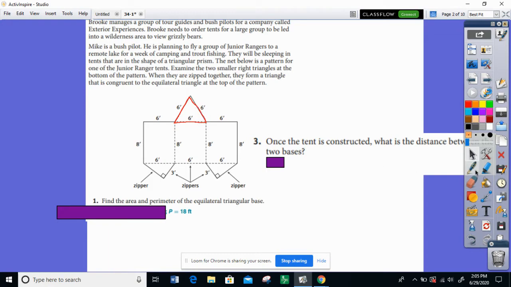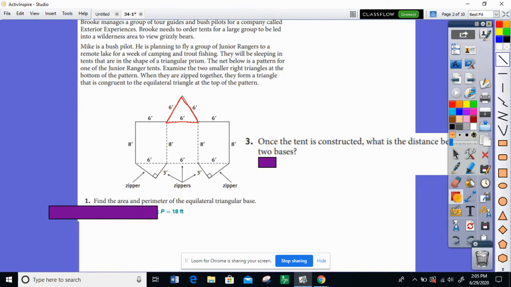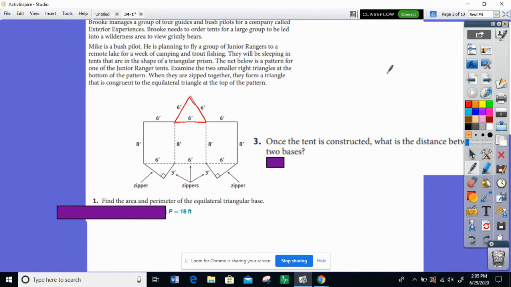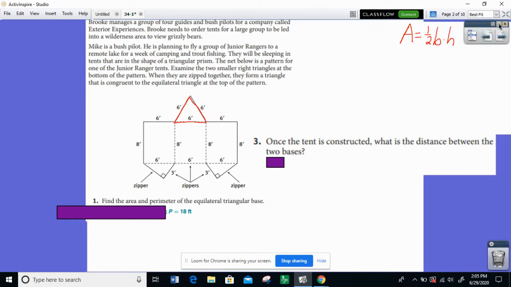To find the area of this triangle is going to be a little bit trickier, and I want to give myself a little bit more room to work this out. So we're going to have to use the area formula for a triangle, which is area is 1/2 times the base times the height. Well, the base is easy enough.